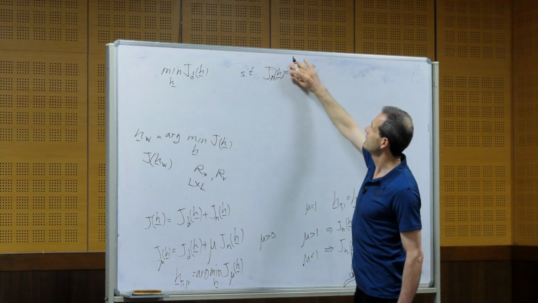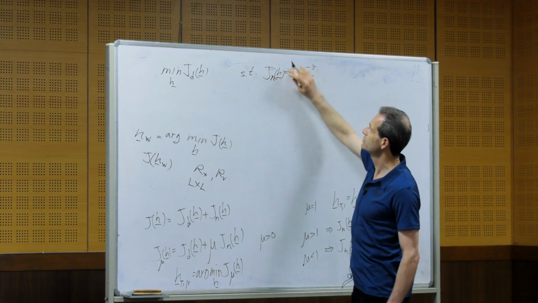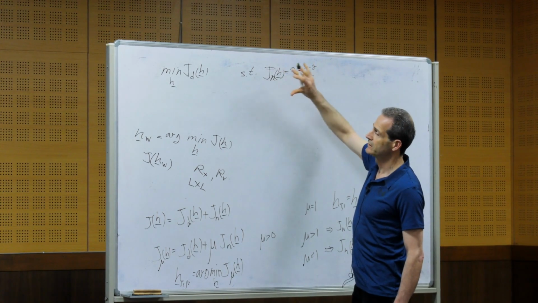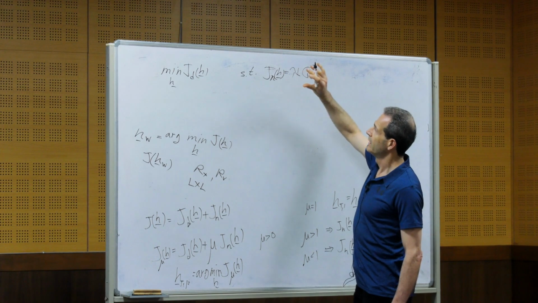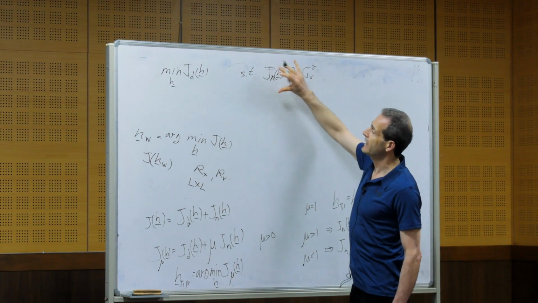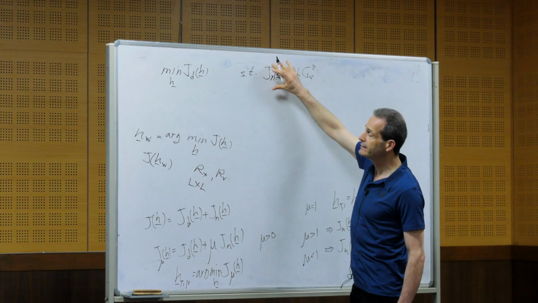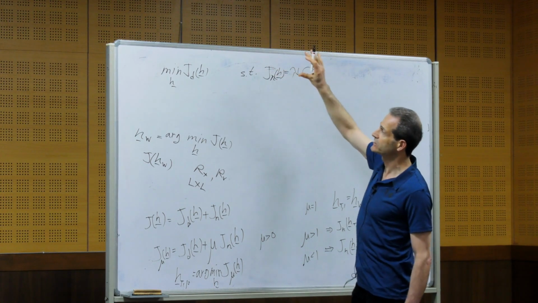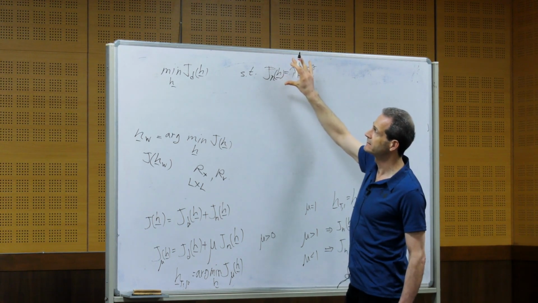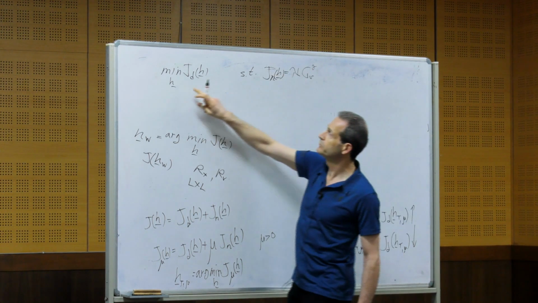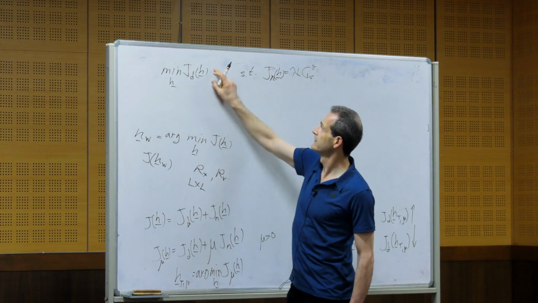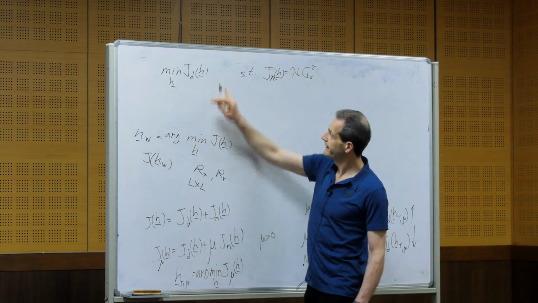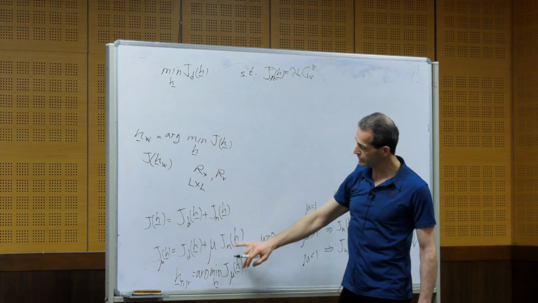Okay, but suppose that I want to restrict this value to a certain value, which means how much noise I want to suppress. So I limit how much noise I want to suppress, and then subject to such a constraint, I would like to minimize this. So this will be using a Lagrange multiplier.